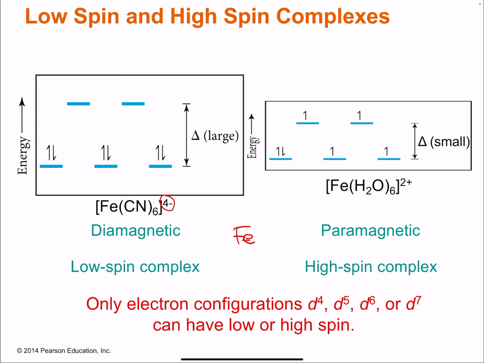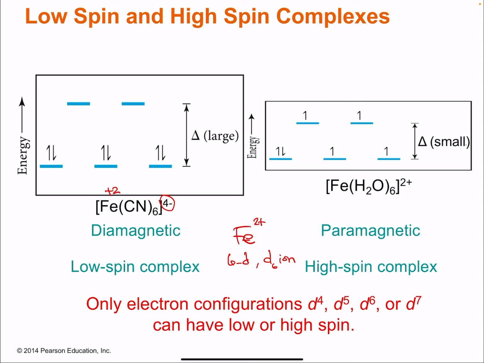Cyanide is 1 minus. There are 6 cyanides, so this gives 6 minus. To get an overall 4 minus, the iron must be 2 plus. So we are dealing with Fe2+ in both cases. Fe2+ has a total of 6 d electrons, so we call it a d6 ion.